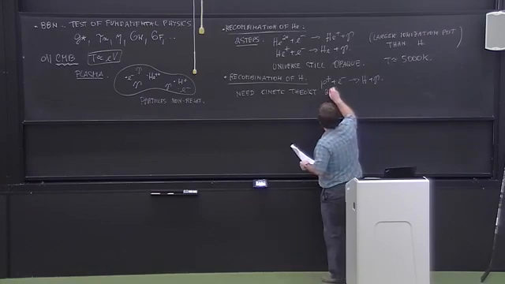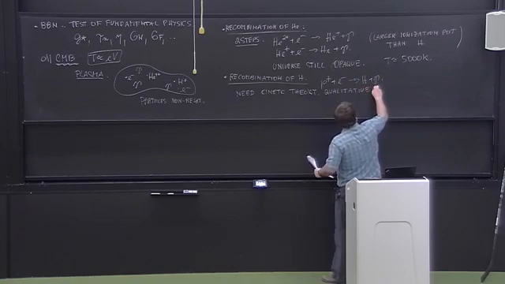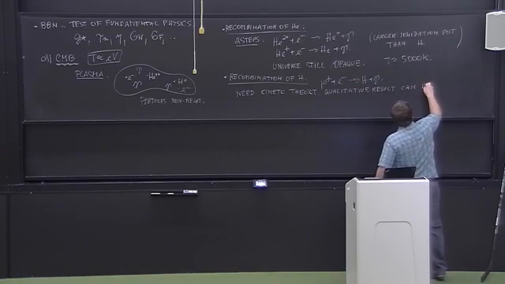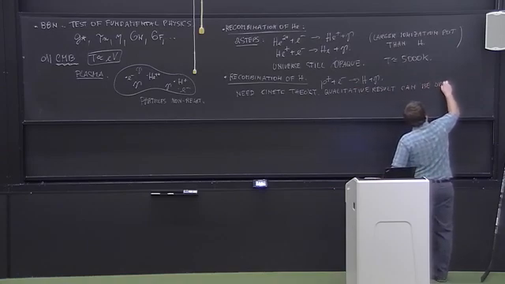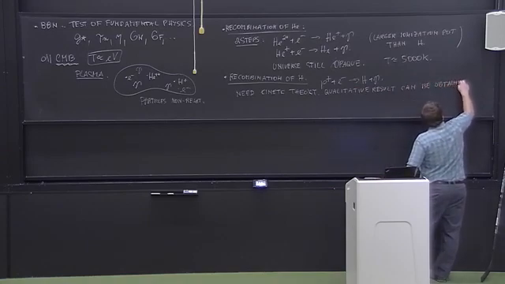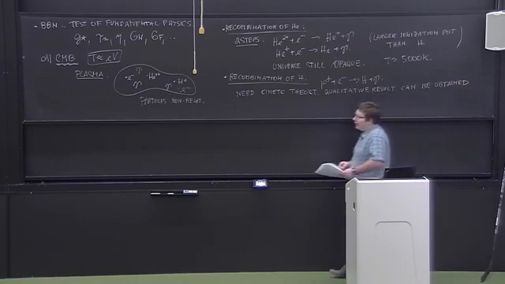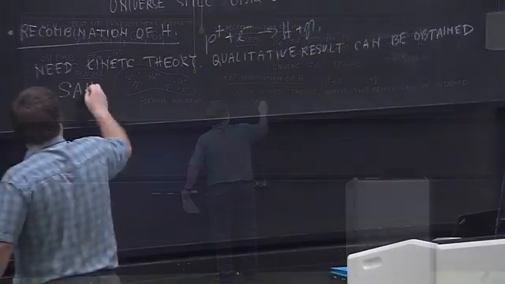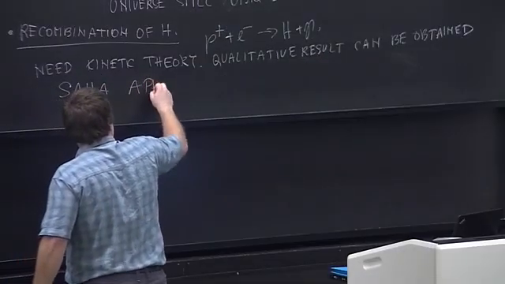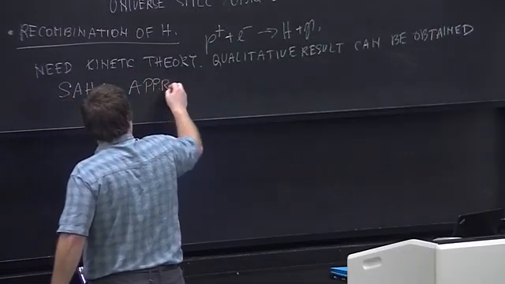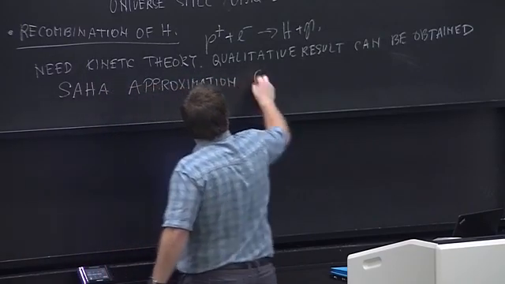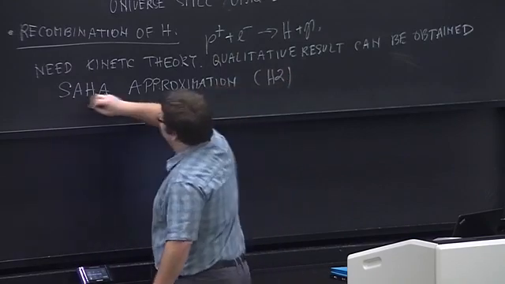Qualitative results can be obtained by equilibrium thermodynamics. And in this case, this is called the Saha approximation, named after the person Saha. And this will be studied in your homework too.